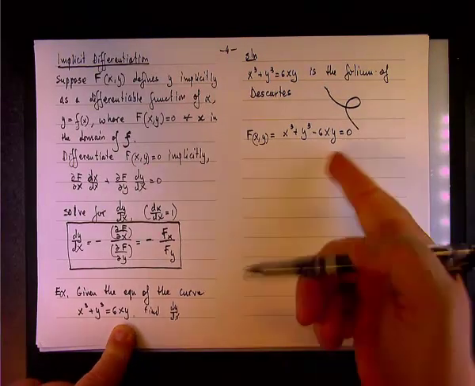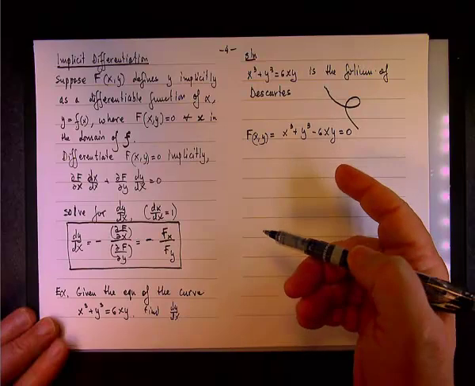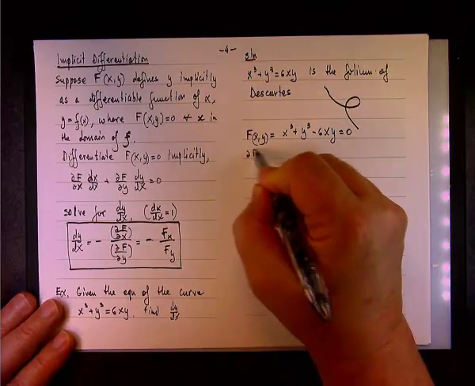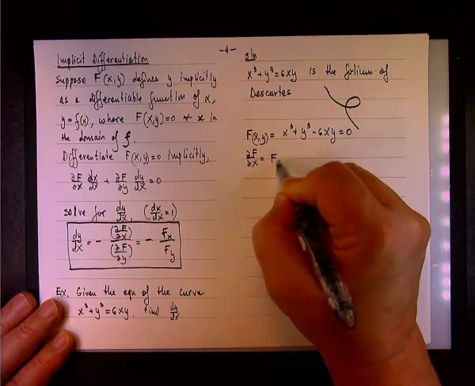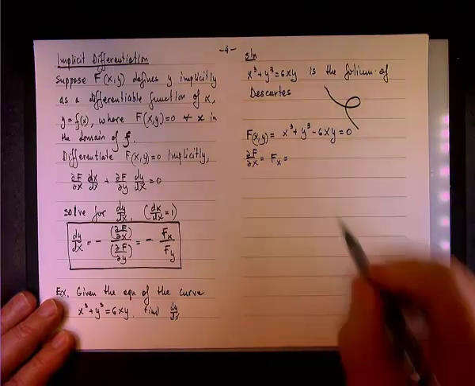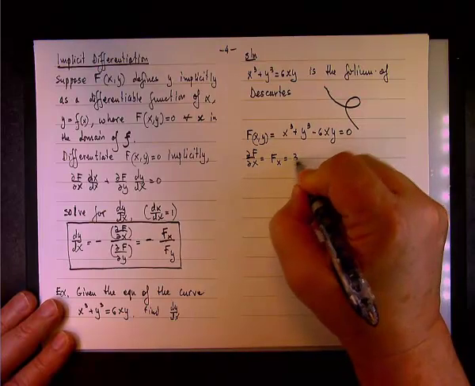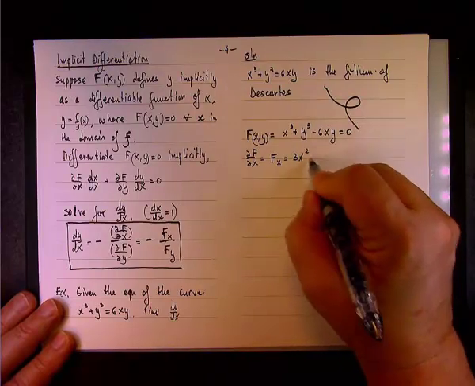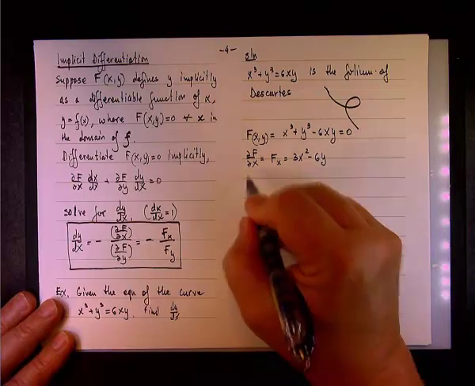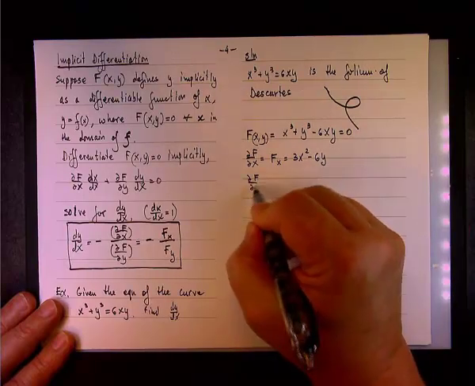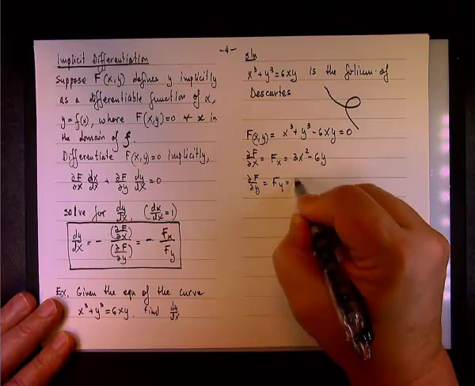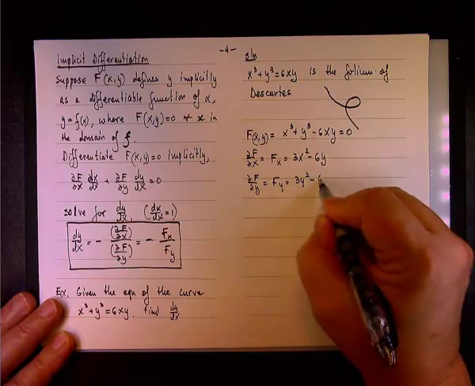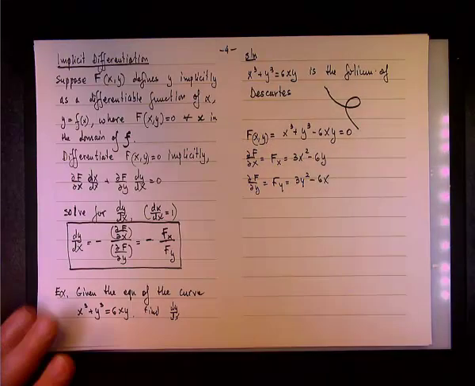So our F has to equal 0, so it will be x cubed plus y cubed minus 6xy equals 0. Don't forget this step. The tendency is to forget that. And now we're going to say, okay, del F del x, or F sub x, the derivative of this function with respect to x is rather easy: 3x squared minus 6y, right?